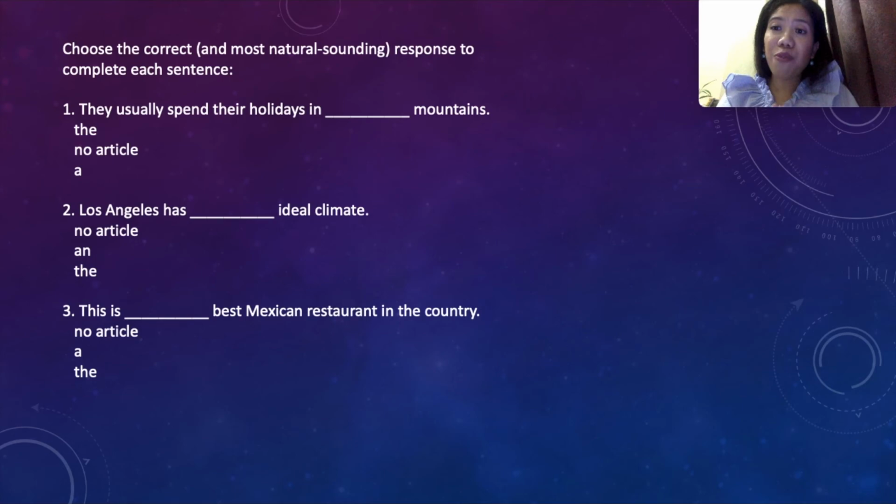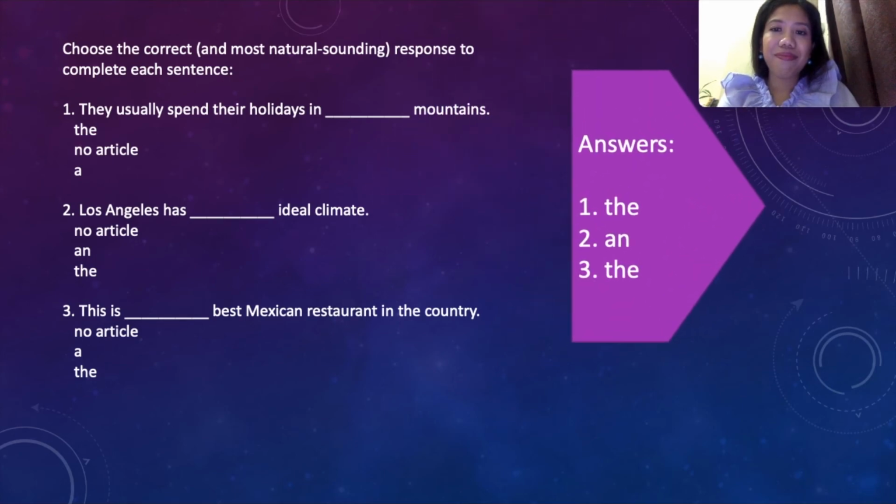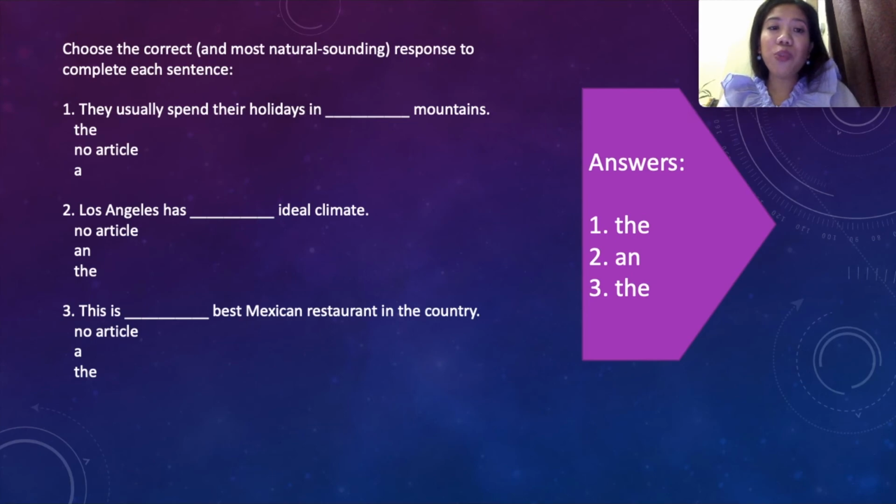I will now reveal the answers. So number 1, they usually spend their holidays in the mountains. Number 2, Los Angeles has an ideal climate. Number 3, this is the best Mexican restaurant in the country.